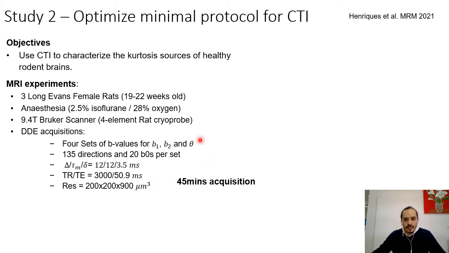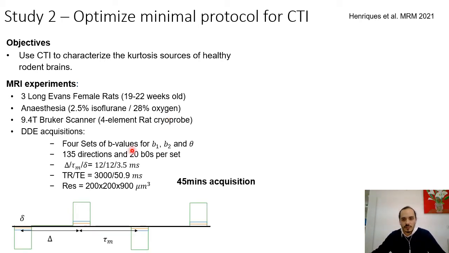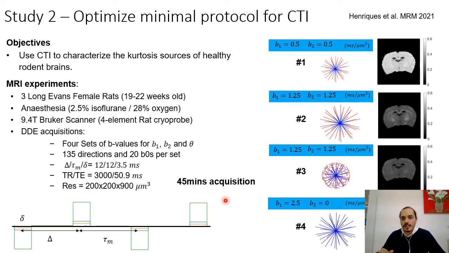Here are the b-values and diffusion parameters that we used for these acquisitions, and here's an illustration of the double diffusion encoding timings. Acquisitions took around 45 minutes in total. And here on the right, I'm showing just the powder average data of each of the sets of the minimal protocol, just to show you the quality of our raw data.